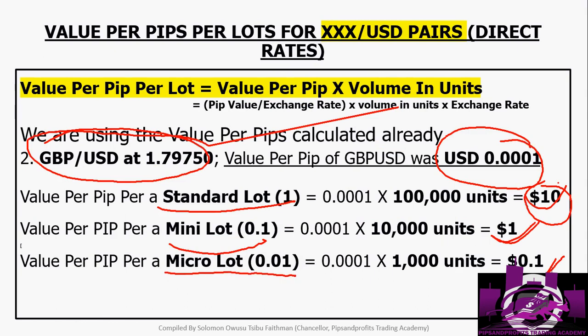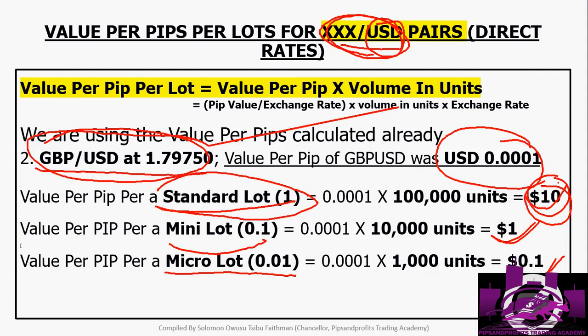It means that when you are trading one standard lot for direct rates, that is pairs with the USD as the quote currency, one pip move is going to give you $10 if your account is a dollar account. If you trade GBP USD, which has a direct rate, for one standard lot, for one pip, you are going to earn $10.